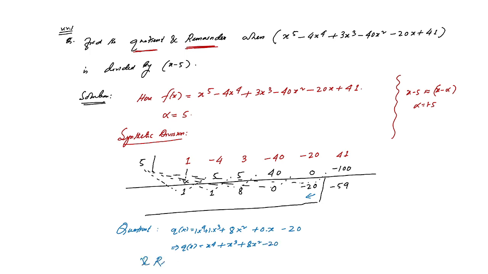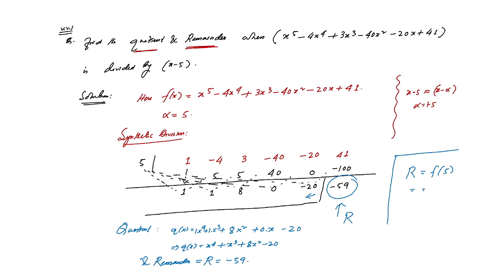And what is the remainder? So the remainder is r. This term plays the important role for the remainder. So here the remainder is minus 59. So it is very easy to find out the remainder and quotient together. If you had been asked only the remainder, then r will be f of 5.